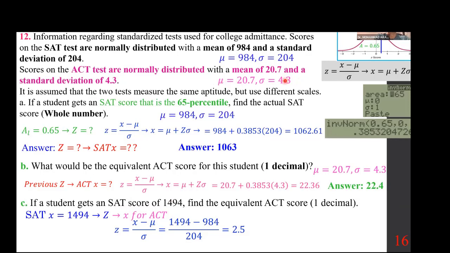Mu is 20.7, sigma equals 4.3 to find the X value. X is 20.7 mu plus Z times sigma of 4.3, 31.45. We want only one decimal. We get this answer, 31.5.